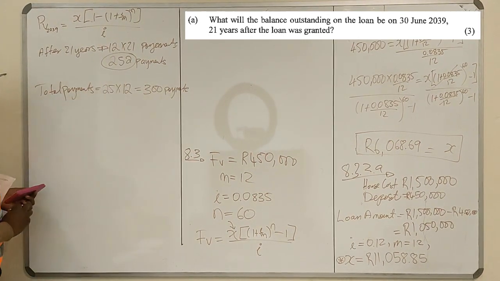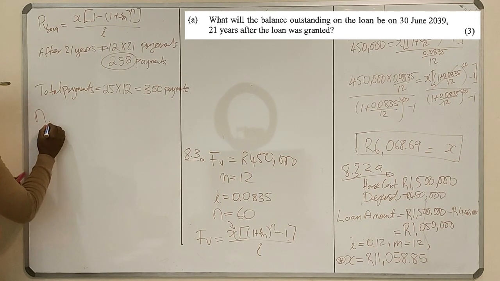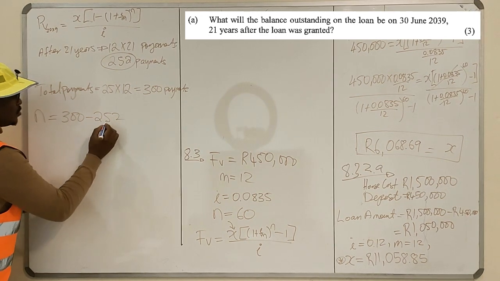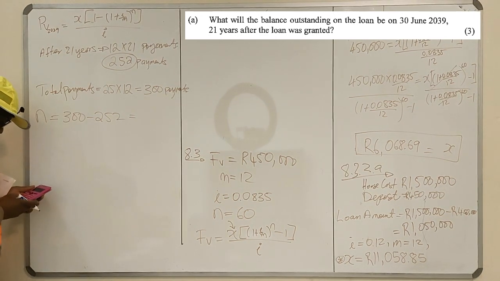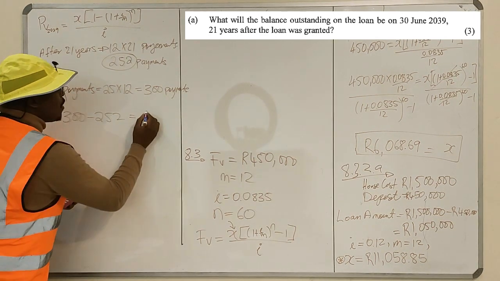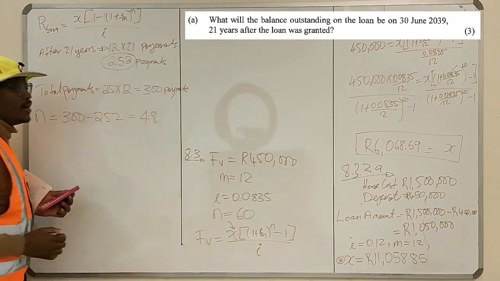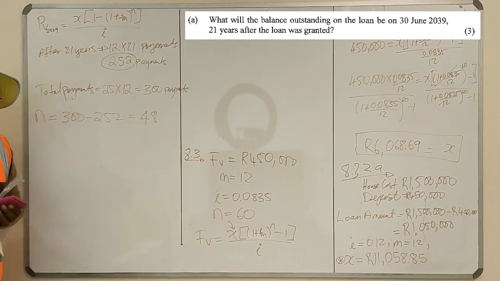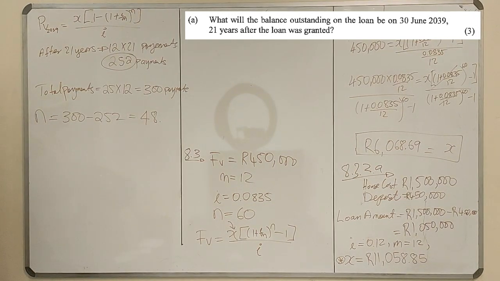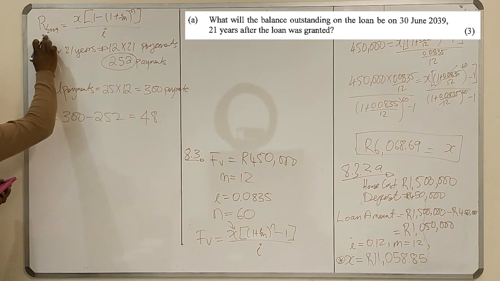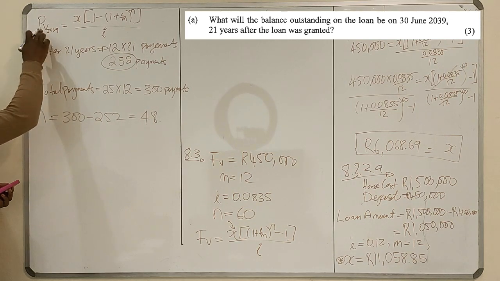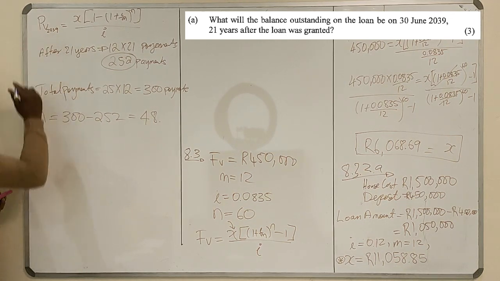Then you will get the number of outstanding payments, which is your n there. So n should be 300 minus 252. So our guy is yet to pay 48 payments. So your n there is the number of outstanding payments. Now I want the present value in 2039, which is the amount that he's still owing in 2039.